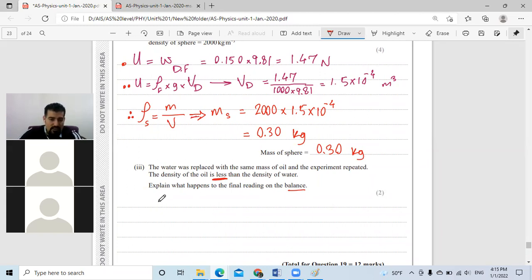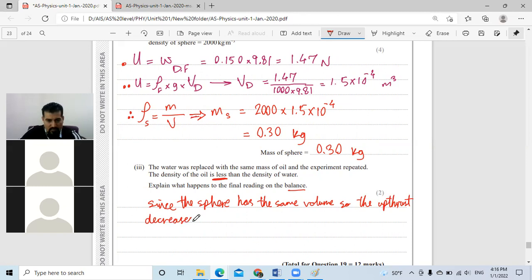Since the sphere has the same volume, the upthrust decreases, making the downward force decrease.